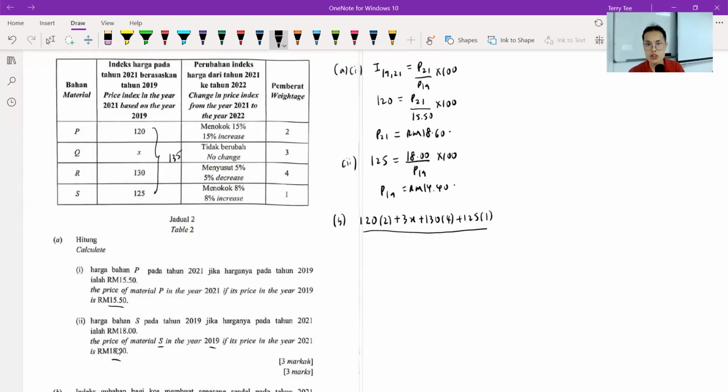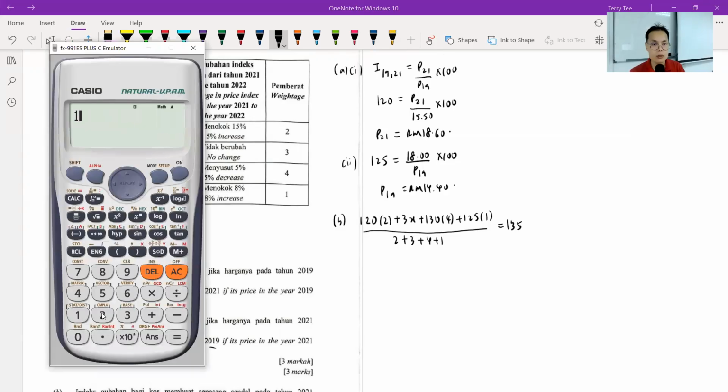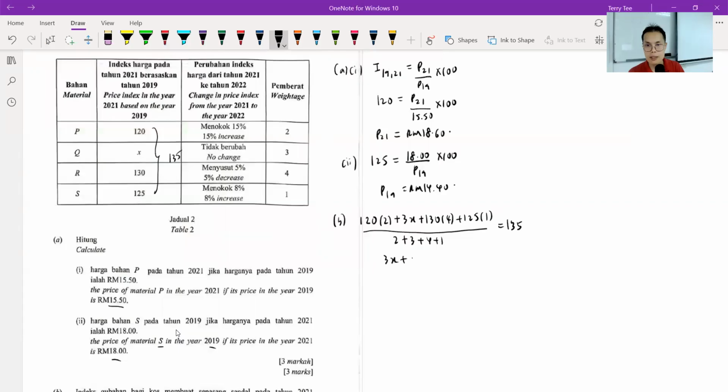Your total weightage is 2 plus 3 plus 4 plus 1. And the index is 135. So let's work this out. This is 120 times 2 plus 130 times 4, and then you add 125. So this figure is 885. So 3x plus 885, over 10, because 2 plus 3 plus 4 plus 1 is 10.